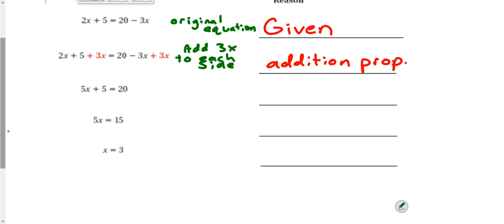All right, so the next step, we have 5x plus 5 equals 20. So what did we do to get 5x plus 5 equals 20? We combined our like terms. So we combined all of the 2x plus 3x and the negative 3x plus 3x. So we combine like terms.